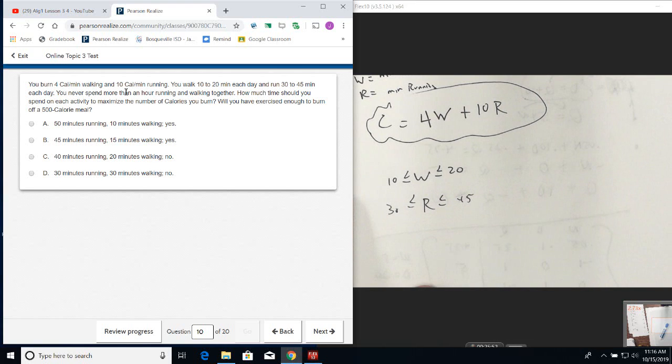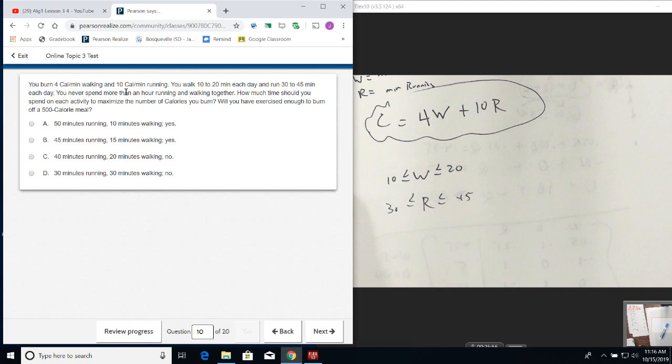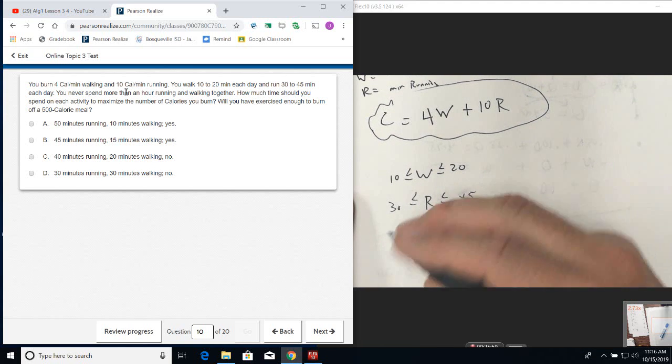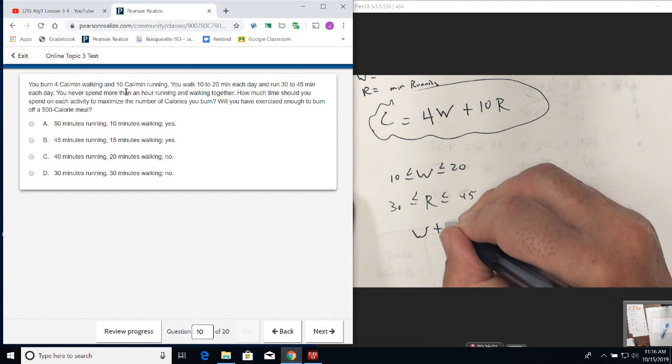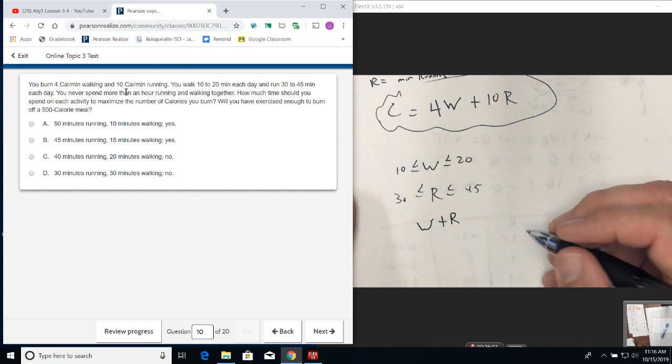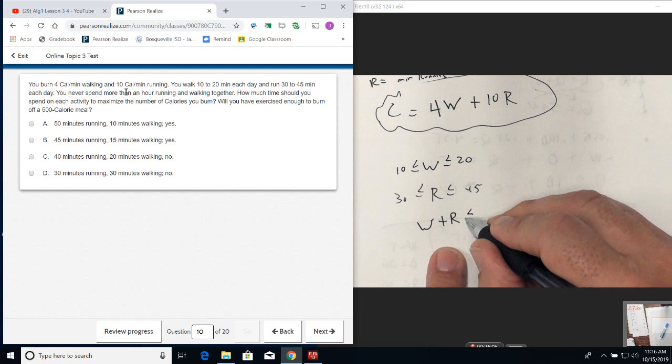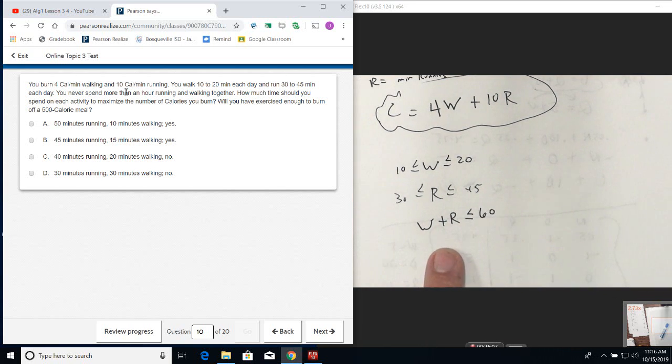You follow that? Then the next sentence says you never spend more than an hour running and walking together. So if I take my running time plus my walking time and add it together, it's never more than an hour, which is less than or equal to 60 minutes. Y'all good with that? So those are constraints on the problem.